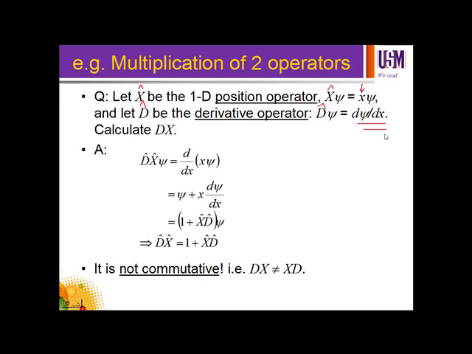Basically you are differentiating psi with respect to x, and the question asks for the value of operator D operator X. So we multiply operator D with operator X with psi equal to, now the definition given here, operator D is defined as a derivative or partial derivative d per dx.